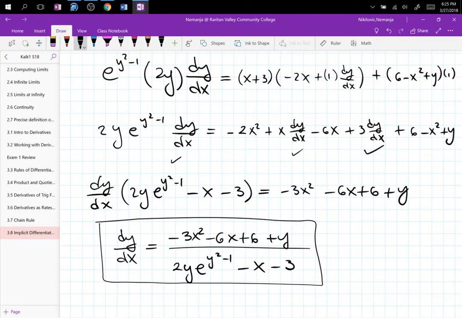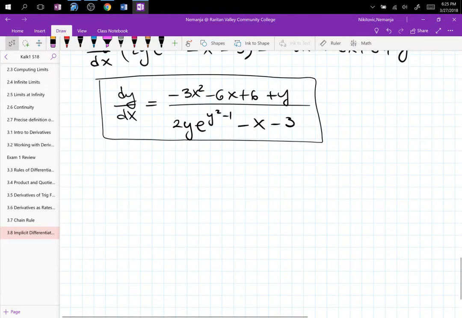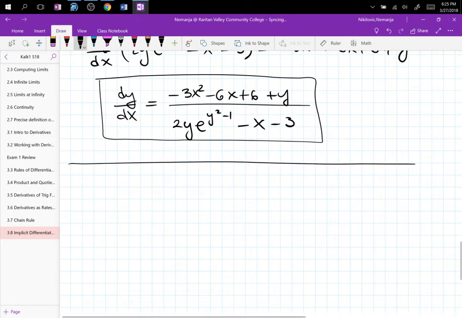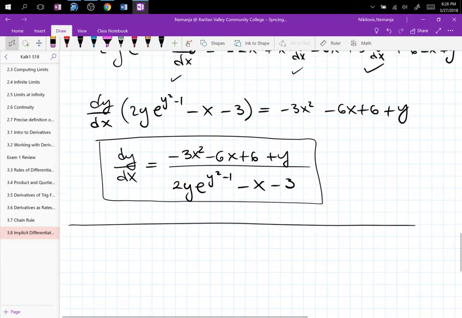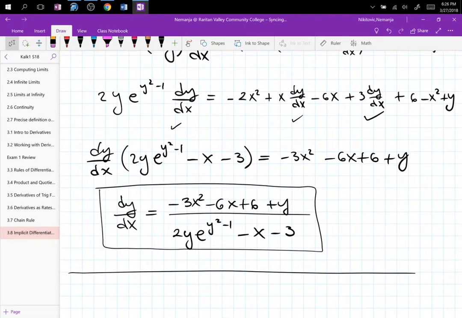Let's take a look at more of this. I want to pick something from, yes. I have negative 2x squared and another negative x squared over here, which gives me negative 3. Fine?